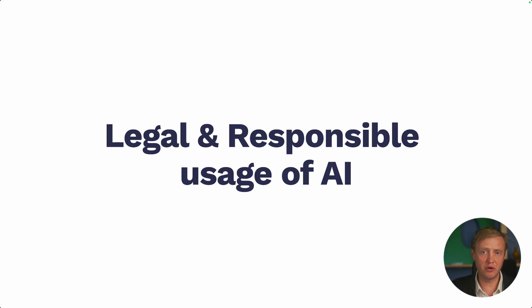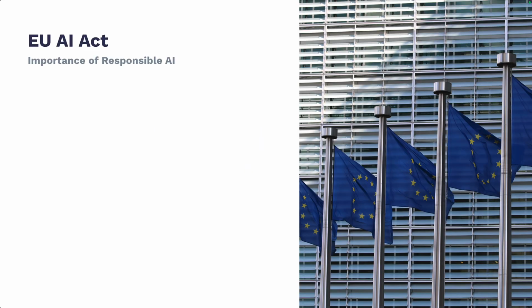Then there's the matter of legal and responsible usage of AI. Now, depending on where you are in the world, there might be different laws that apply. But in places like the EU, the EU AI Act was recently introduced. It talks about the importance of responsible AI. The world as a whole is trying to figure out what rules should be built around AI, what makes the most sense.